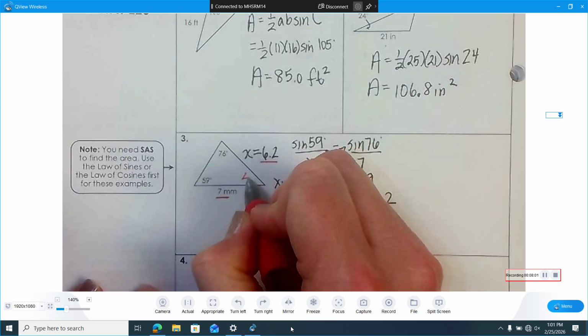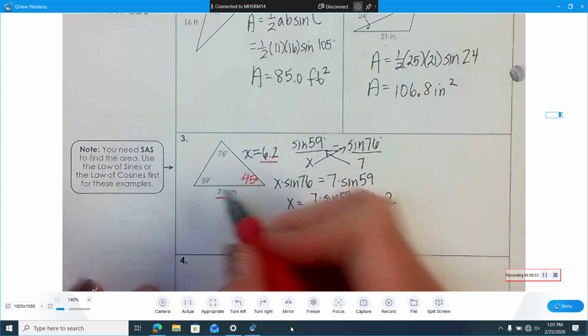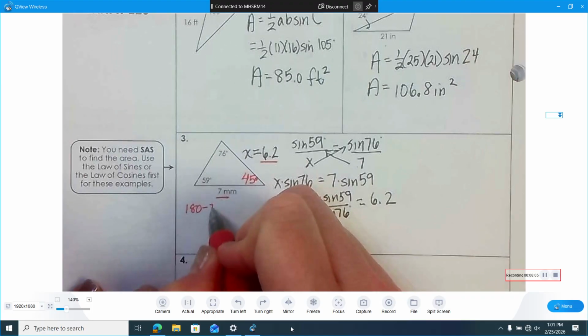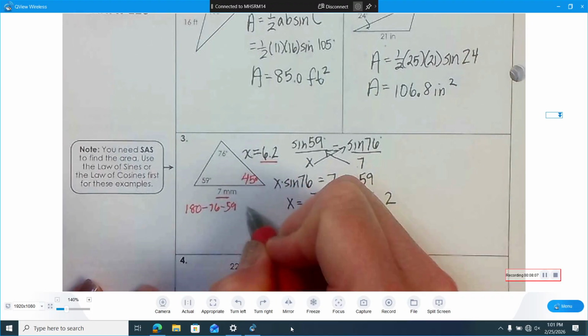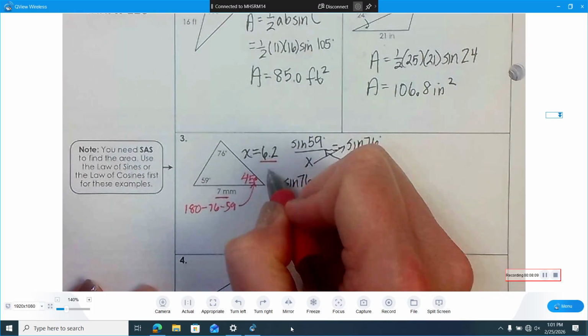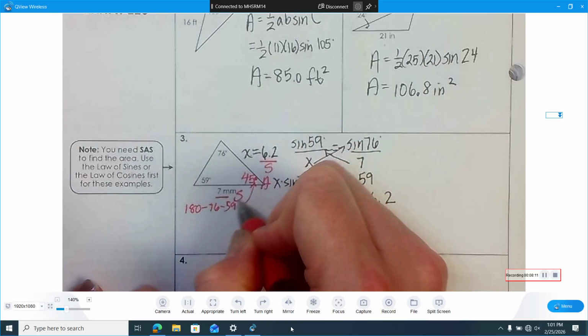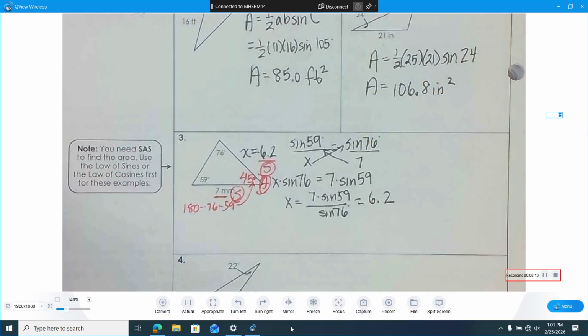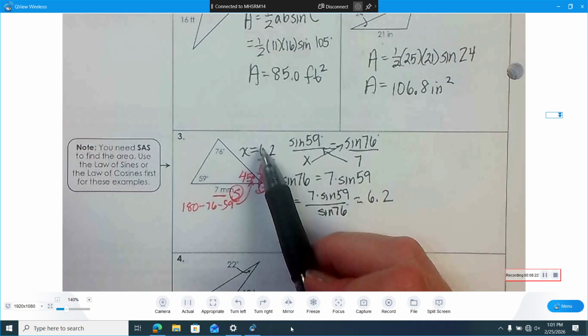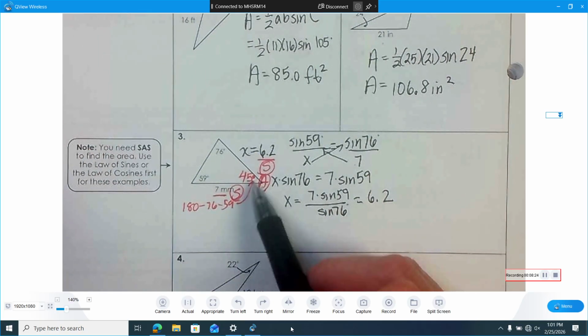How'd you get 45? 180 minus 76 minus 59. So we needed the side, angle, side info in order to use our handy-dandy area formula. They have to be sort of right around the circle. Does that make sense? So three things in a row: a side, an angle measure, and a side.